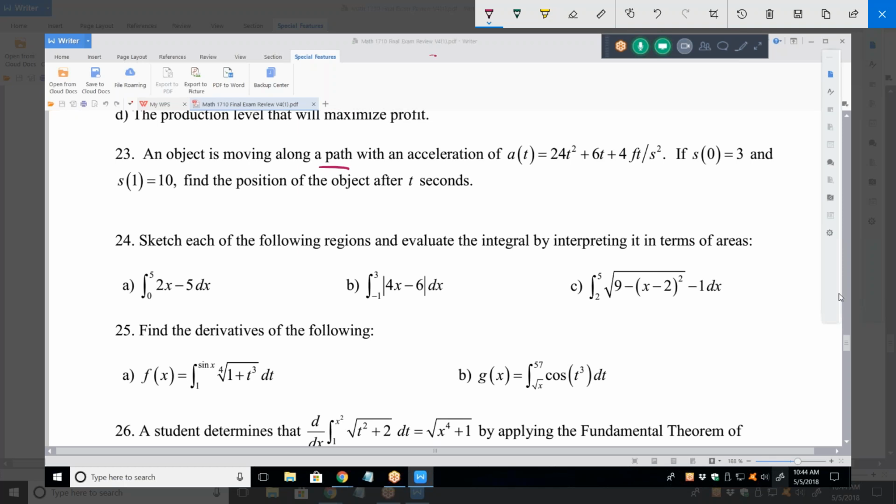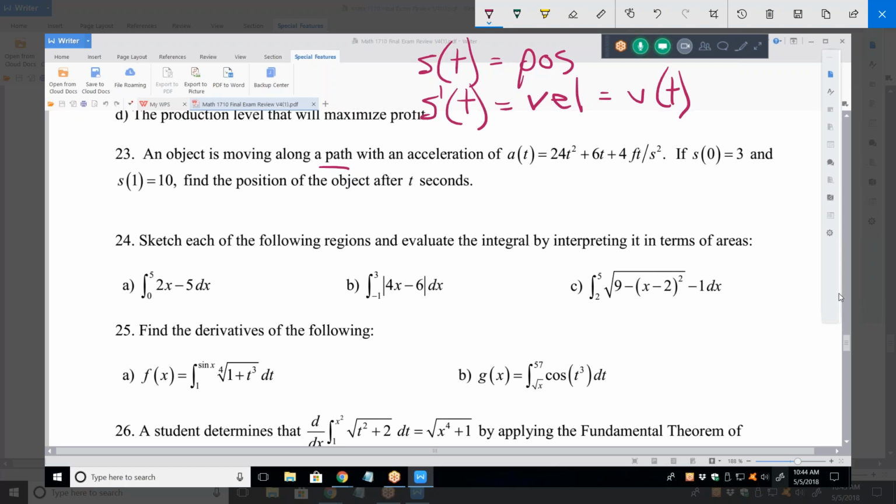First of all, know this. S of t is position. S prime of t is what? That's the same as velocity, v of t.